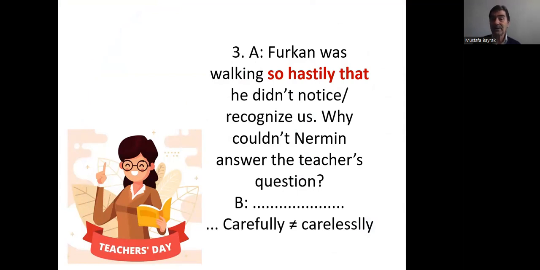Furkan was so hasty, so fast, so quick. Adjective after to be is of course possible, but here is an action verb.